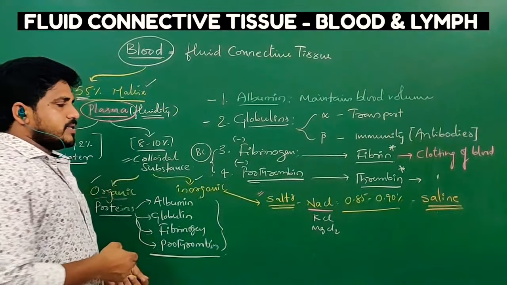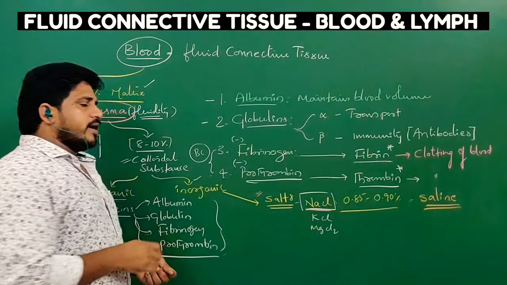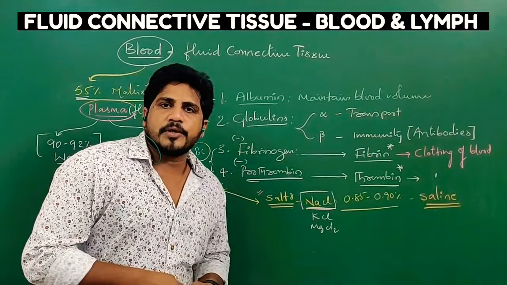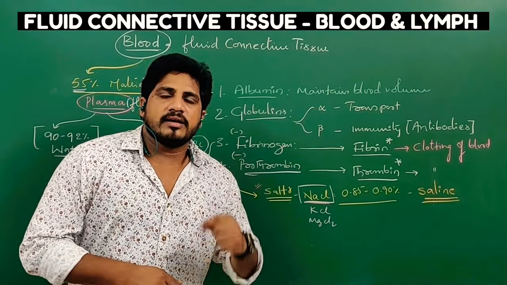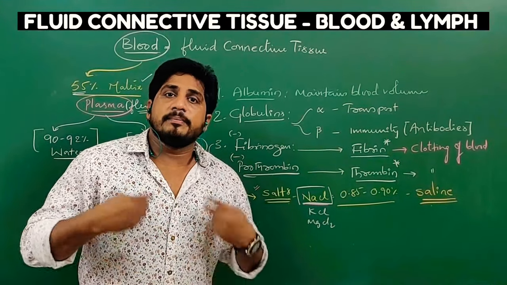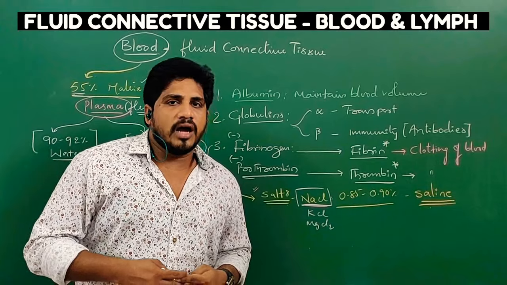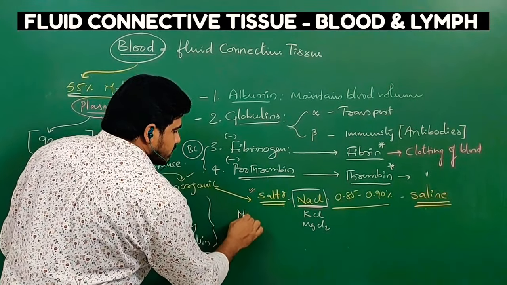All these salts are also present, but the maximum transport of carbon dioxide is supported by NaCl. If NaCl percentage is reduced in the blood, carbon dioxide transport will be reduced, so that carbon dioxide builds up in our body. The condition is called hypercapnia. Next, along with the salts, some minerals are also present.